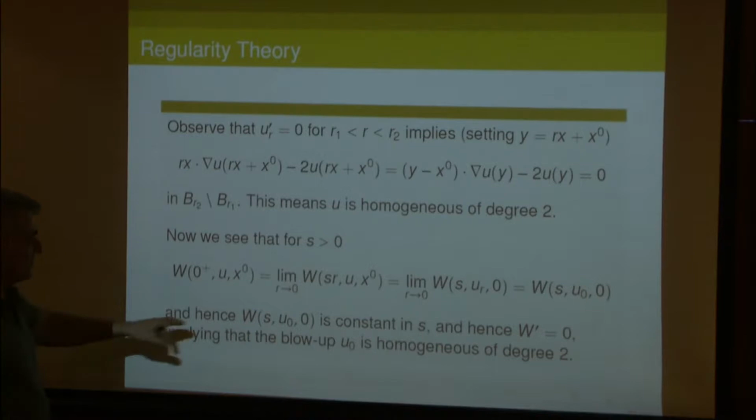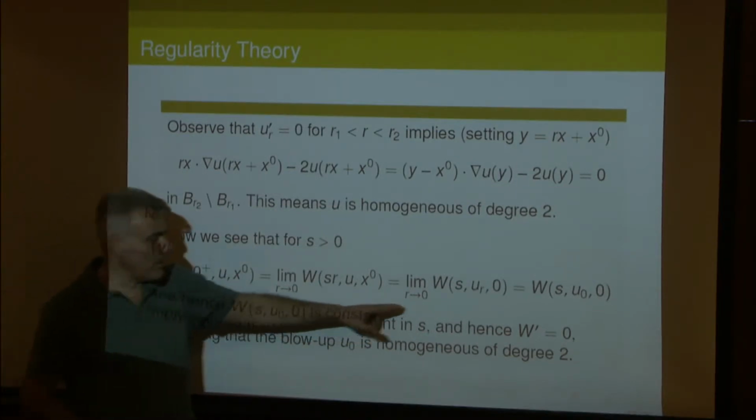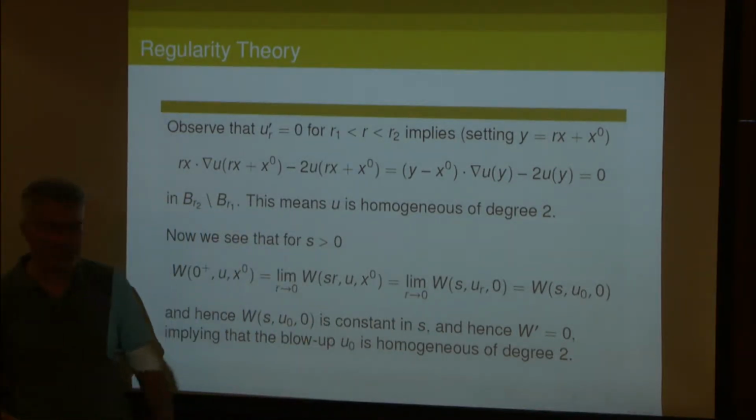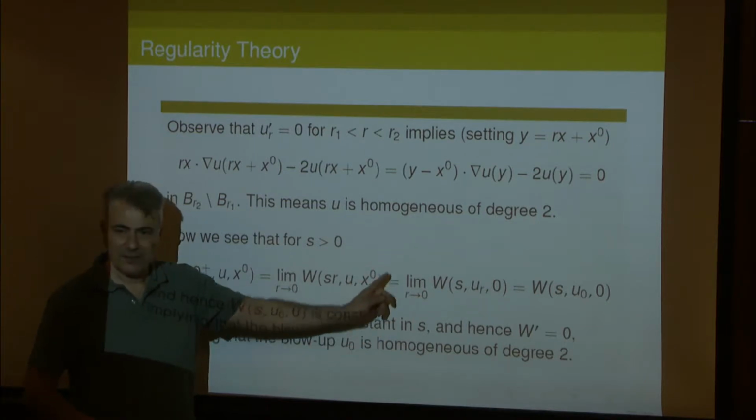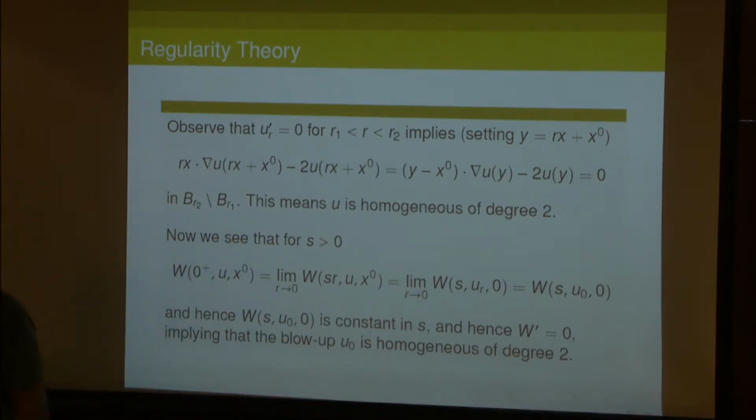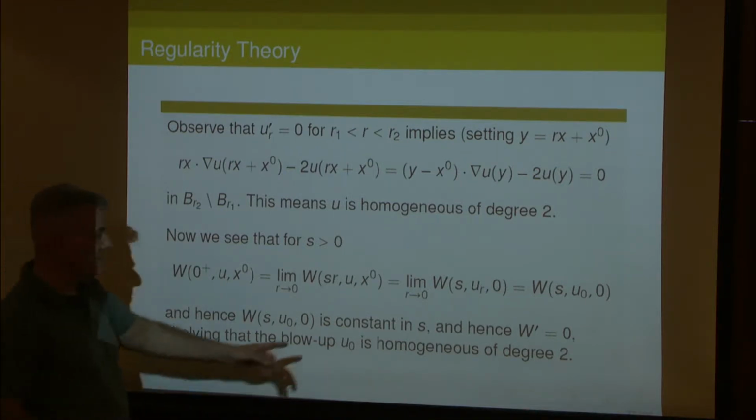If I keep s and scale with r, this is exactly what we're going to do. So put a mark here. This is an exercise to verify it. It should be an elementary verification. So verify this step.